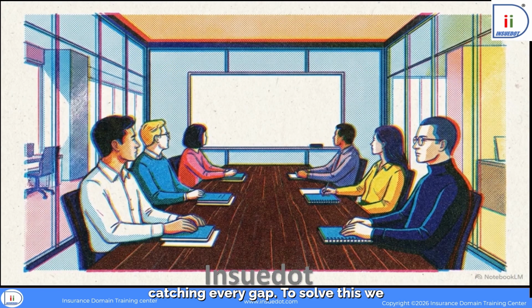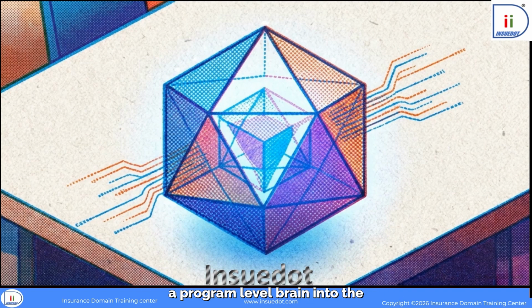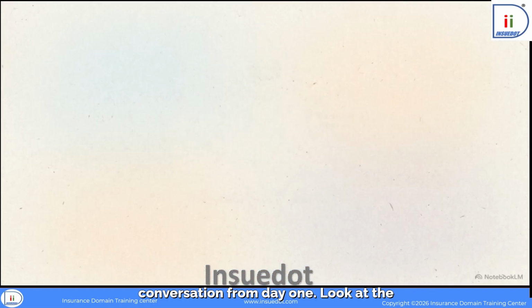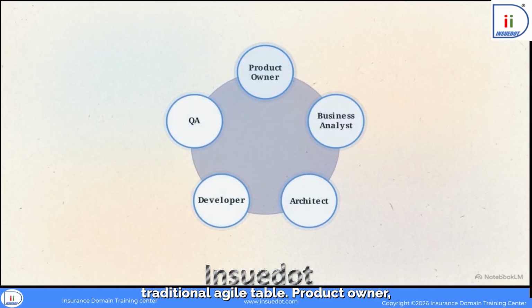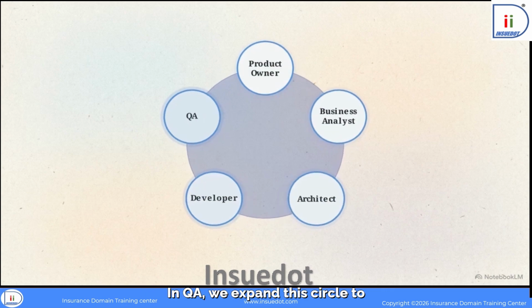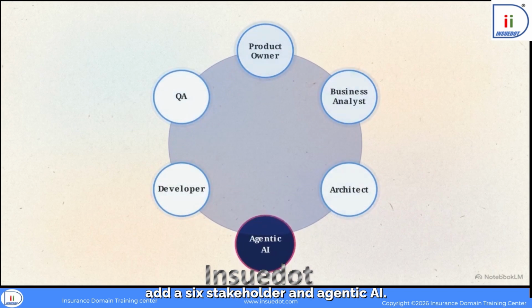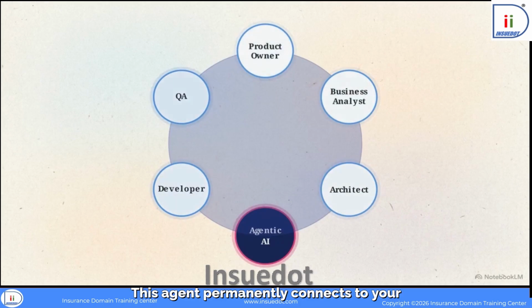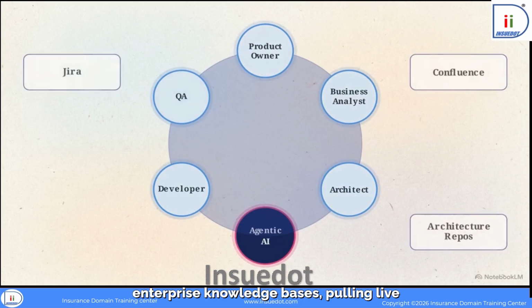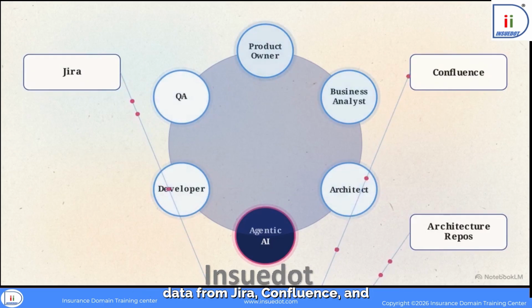To solve this, we have to move requirement quality checks directly into the planning room, bringing a program-level brain into the conversation from day one. Look at the traditional Agile table: product owner, business analyst, architect, developer, and QA. We expand this circle to add a 6th stakeholder, an Agentic AI. This agent permanently connects to your enterprise knowledge bases, pulling live data from Jira, Confluence, and architecture repositories.